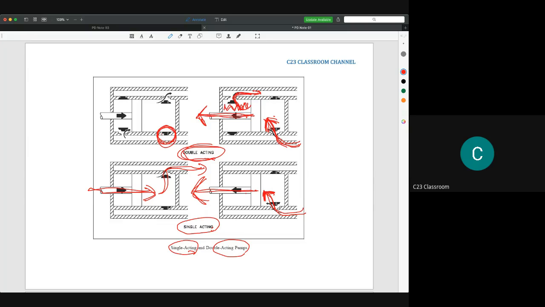Another thing in the piston pump is we must make sure that the gap here is sealed very well, because if the gap here is too big, it will not create enough vacuum pressure, so water cannot be sucked into the core. That is another disadvantage, something that we need to take care of with the piston pump.